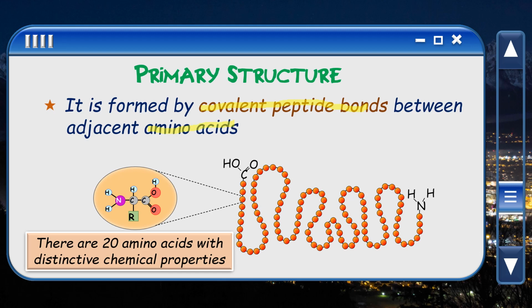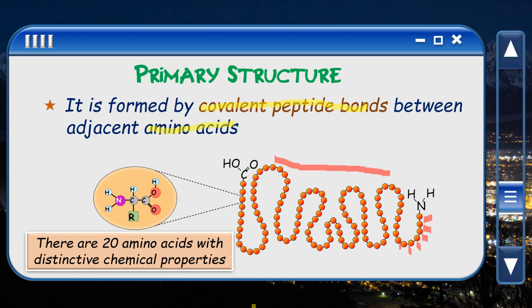We have looked at the circles being amino acids, and between every amino acid and the next there is a peptide bond. That peptide bond joins one amino acid to another, and when all of them are connected together, we form our polypeptide chain.